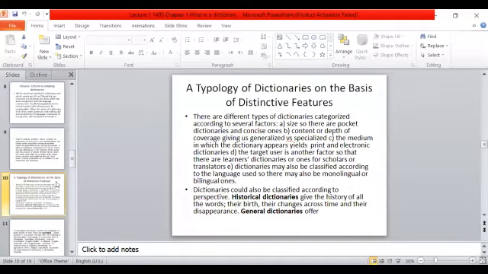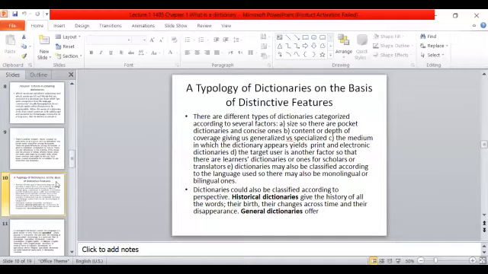The target user is another factor, so that there are learners' dictionaries or ones for scholars or translators. Dictionaries may also be classified according to the language used. So there are monolingual dictionaries and bilingual dictionaries. Dictionaries could also be classified according to perspective, or viewpoint.